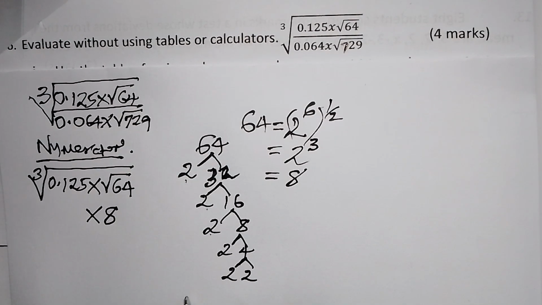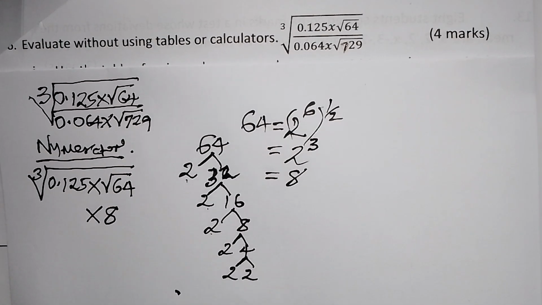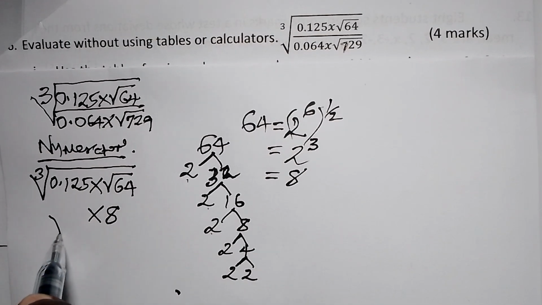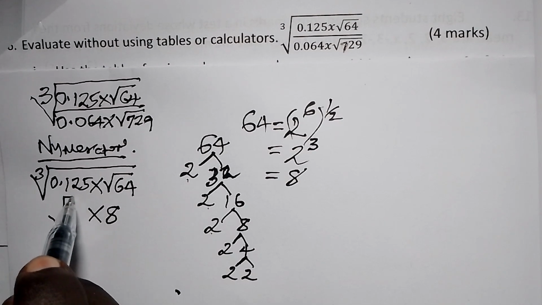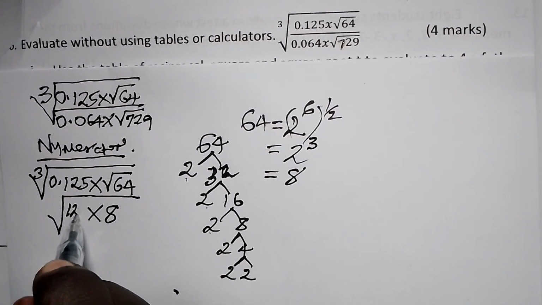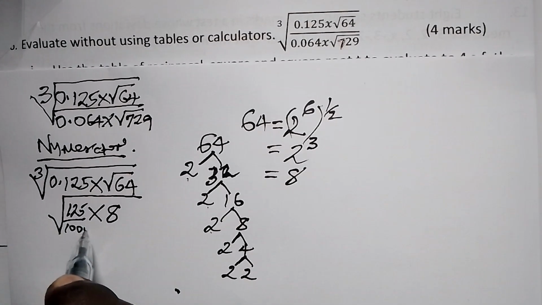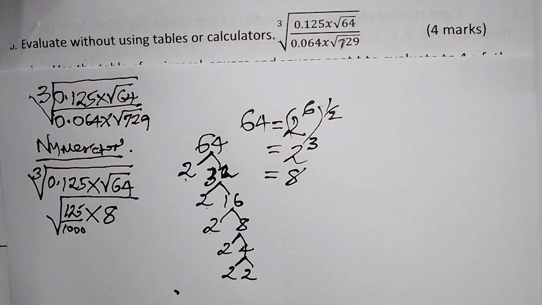Of course, the value we want to evaluate will be given by the cube root, all this still under the cube root sign, of 125 over 1000.